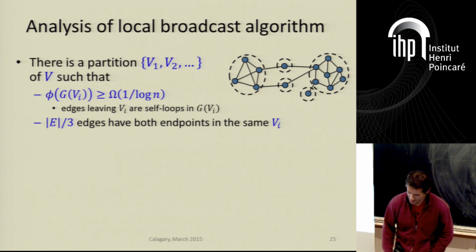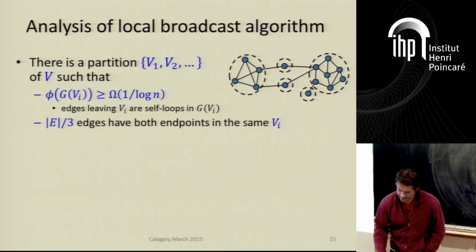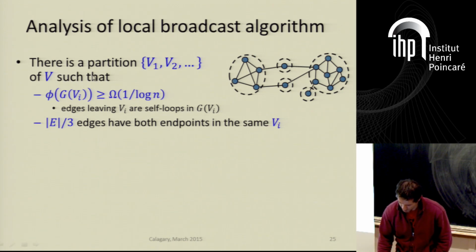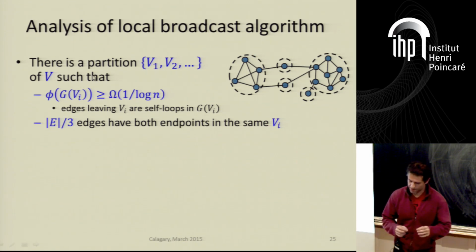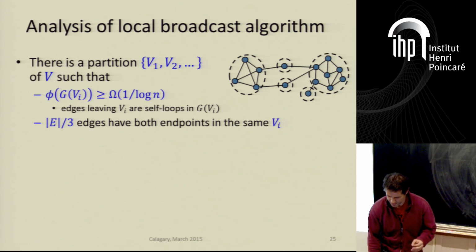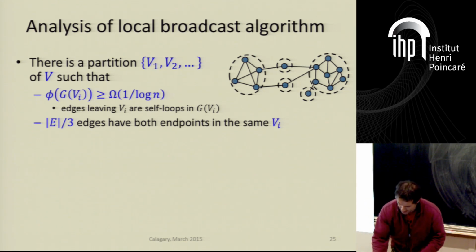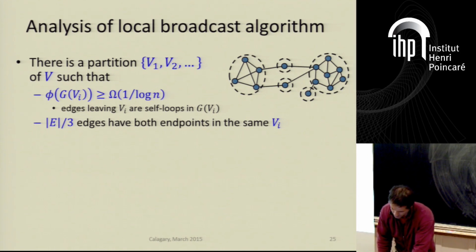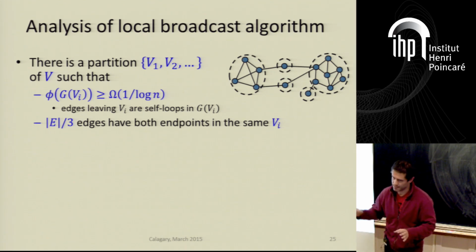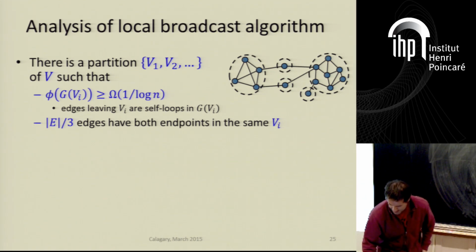The rest is a simple analysis. As I said, this is just a repetition of the fact that I stated before. We have a partition of the set of vertices such that the conductance of each of these clusters is at least 1 over log n. We need to define conductance carefully here, but this is just a technical detail.